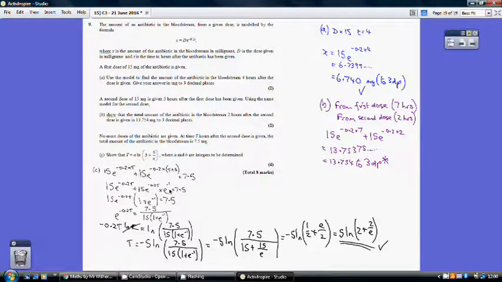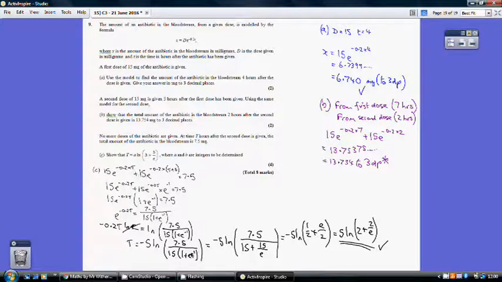We're then factorising, taking 15e to the minus 0.2t out from both of these two terms, leaving us with 1 plus e to the minus 1 in the brackets. We're then dividing through by 15, and then we are taking ln of both sides. Then multiplying by minus 5 takes us to this.